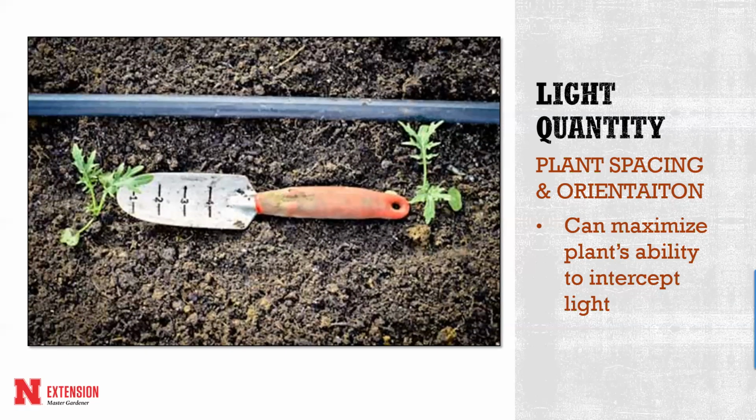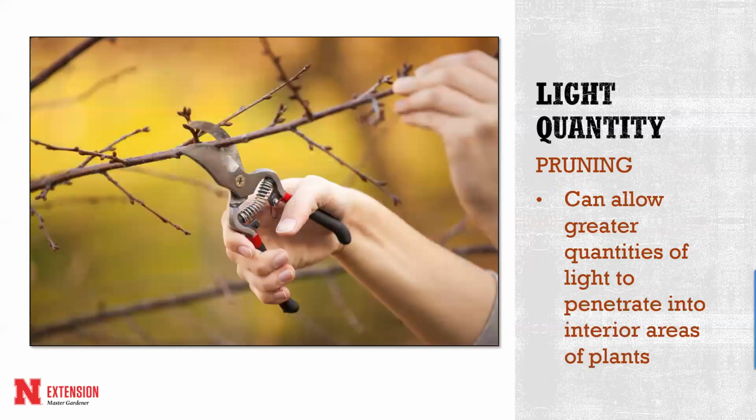So if you have a shrub that is a 10 by 10 shrub, so it's going to be 10 foot wide by 10 foot tall, and you only put it 5 feet from the side of your house, then that plant's going to be growing into your house and you're not going to give it maximum orientation and maximum spacing. So definitely make sure that you know what the size of that plant is going to be and plant it correctly when you're starting it when it's small.